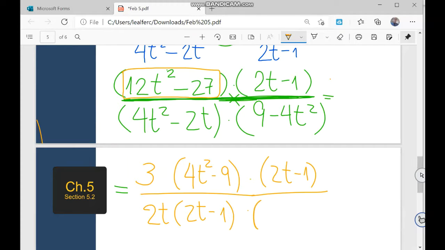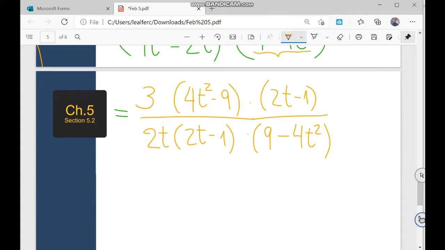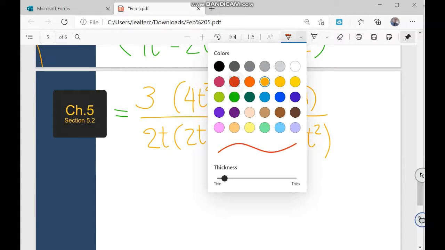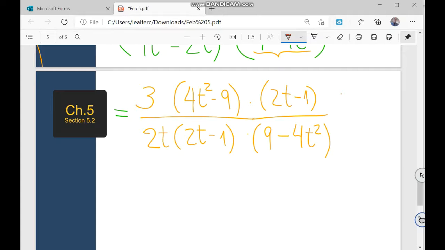And this one, we can actually factor out because this is difference of perfect squares, but let's keep it for a minute because maybe we can simplify before. Maybe we don't need to factor out. Check this. At this point, you're going to find the common factors that you can cancel. And 2t minus 1 and 2t minus 1 on the numerator and denominator, you can simplify.